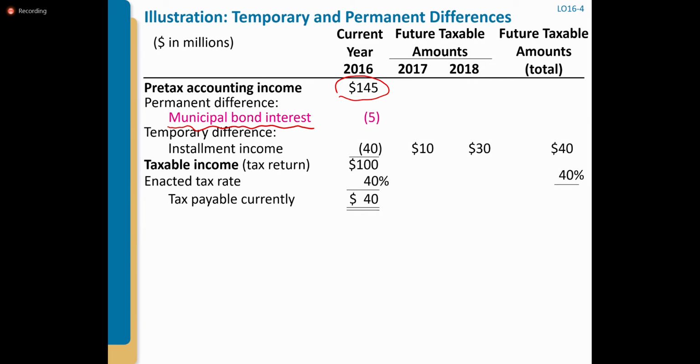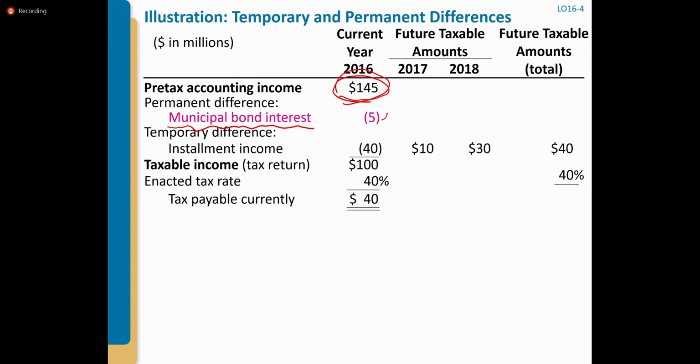So part of the pre-tax accounting income, 145, includes that 5. The 5 is the interest income from that investment.